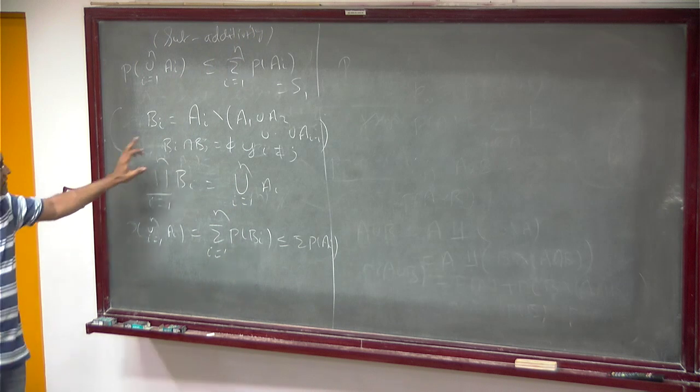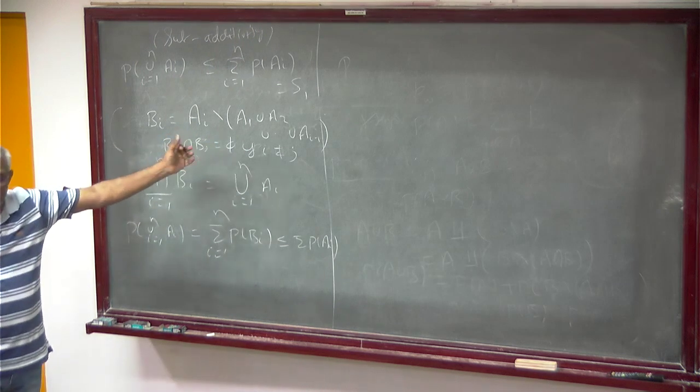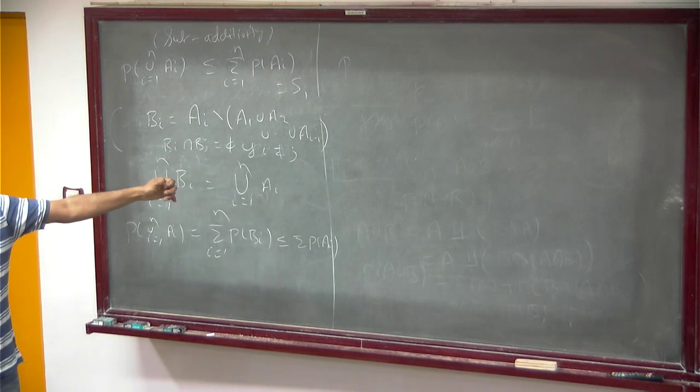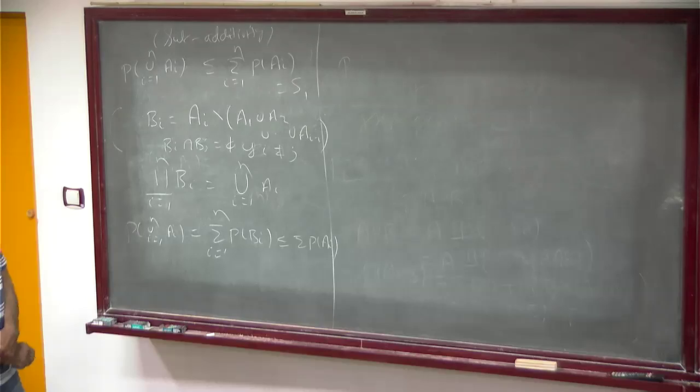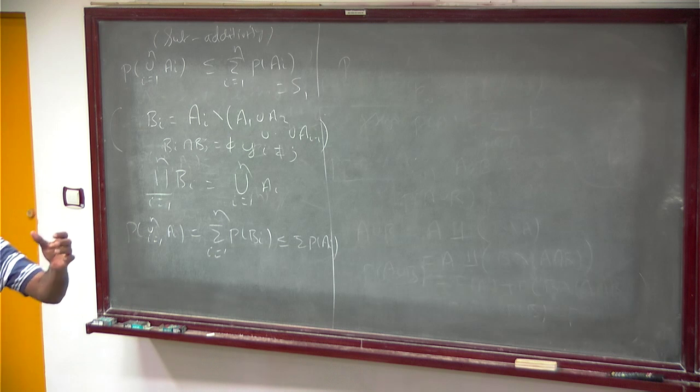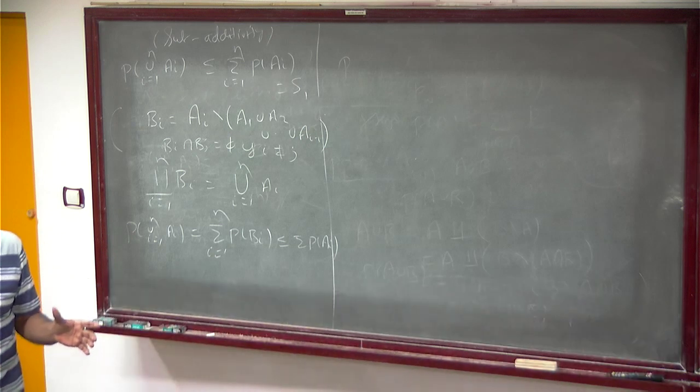Bi is Ai and you remove all the other sets, all the sets before that. No, B2 is A2 minus A1. B3 is A3 minus A2 union A1. What's the problem?